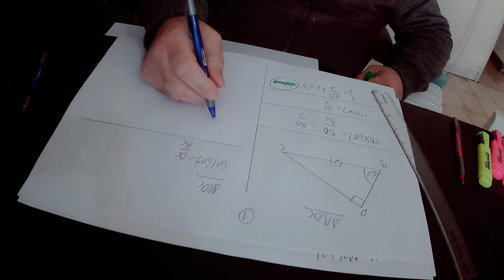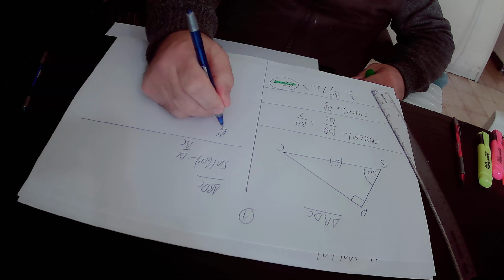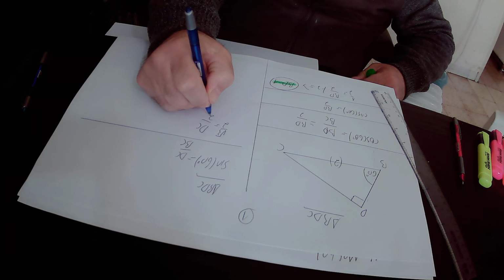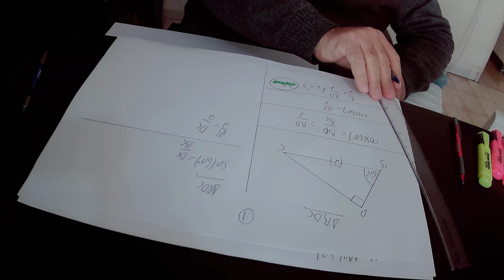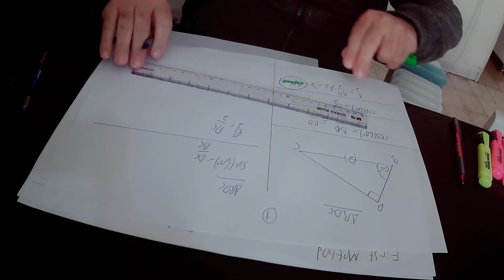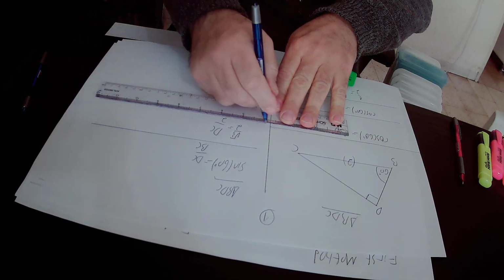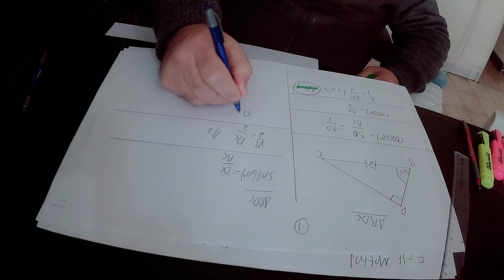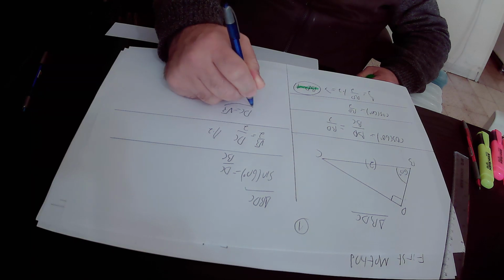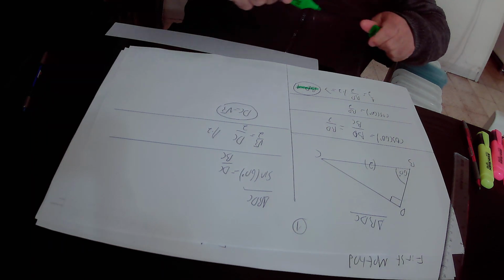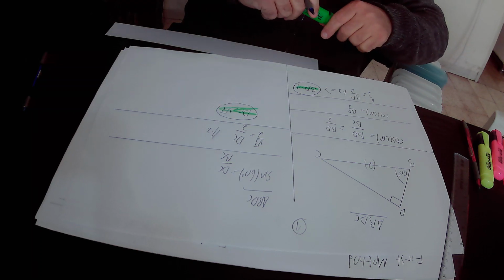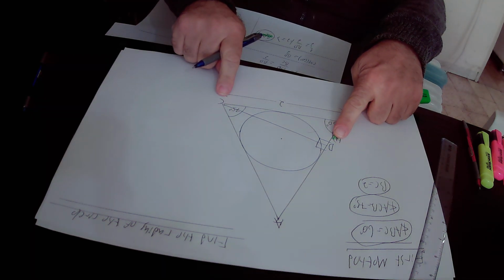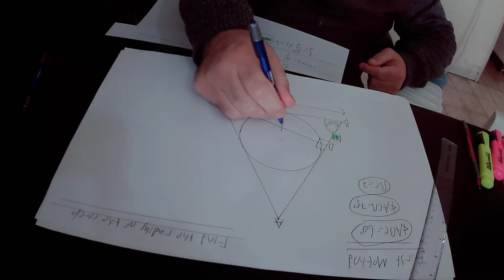Sine 60 degrees is equal to square root of 3 over 2, and it equals DC over BC, and BC is 2. So in conclusion, we found that square root of 3 over 2 equals DC over 2. Here we multiply this equation by 2. And finally we get that DC equals the square root of 3 units in its length. So here DC equals the square root of 3 units in its length.